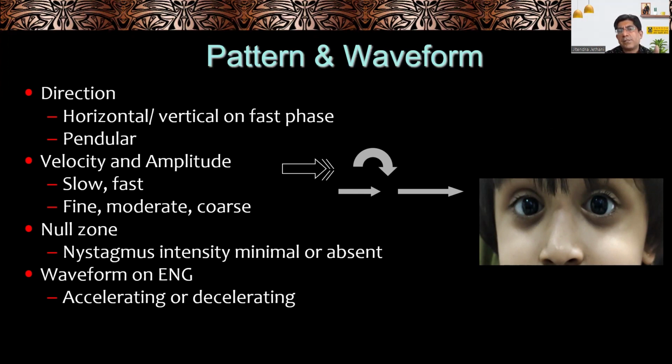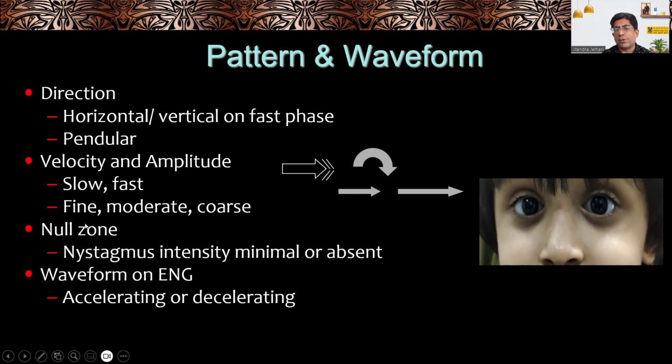That is a jerk nystagmus. If the amplitude is equal on both sides, then it is a pendular nystagmus. Now, this could be fine, which means a very small amplitude, it could be moderate, or it could be a really large amplitude where the eye is moving from right to left at a speed, which could be slow or fast.